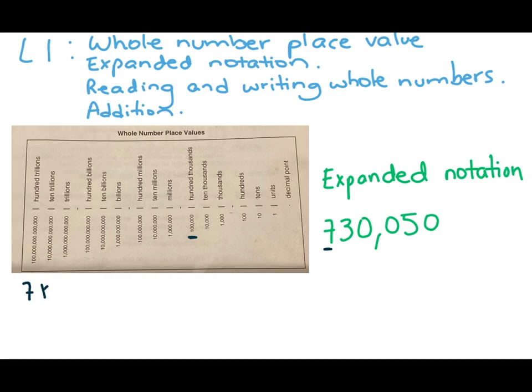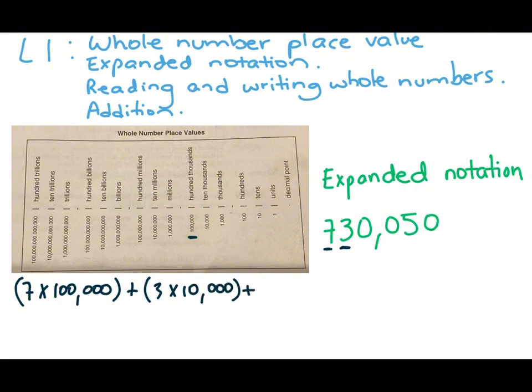So we have to multiply 7 times 100,000. Then we can put that in parentheses just so that we remember that goes first. Then we're going to add, and the next number is in the 10,000s. So we're going to put 3 times 10,000.